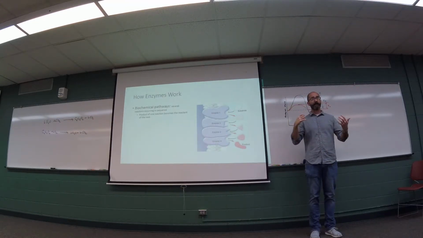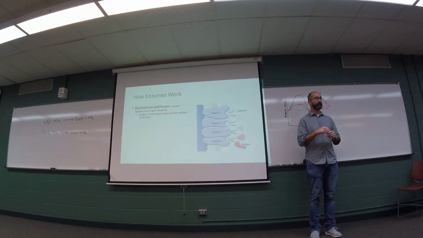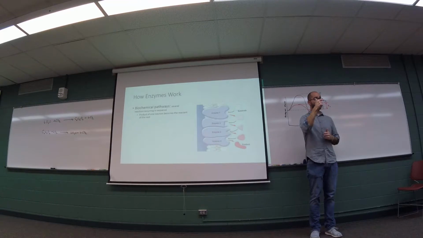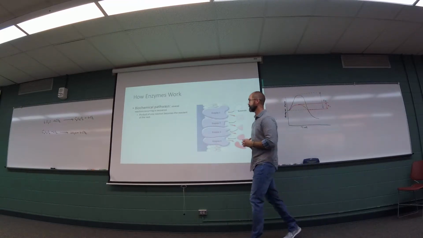And you can think about biochemical pathways as like an assembly line, like Henry Ford's great invention, right? Where you start off with a reactant, and some individual does something to it. And then they take their product and they pass it to the next individual that does something to that, and then passes it to the next individual. So it's a very sequential and intentional sort of pathway.